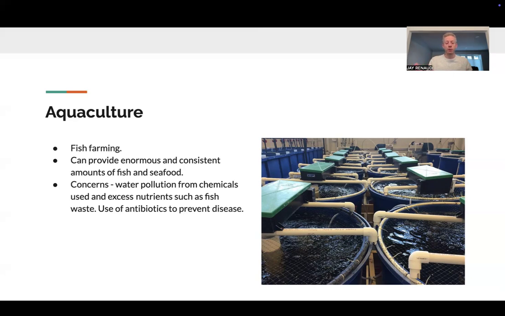There is a concern with this when it's done in lakes, when there is native fish that are swimming around these giant nets. I'm sure you've seen this before. That can lead to runoff into those fish supplies, chemicals, some antibiotic use.